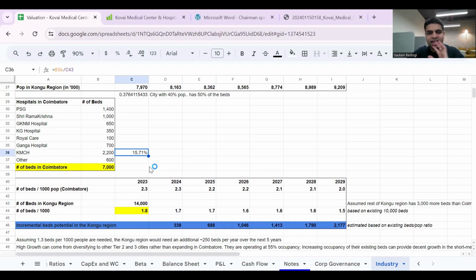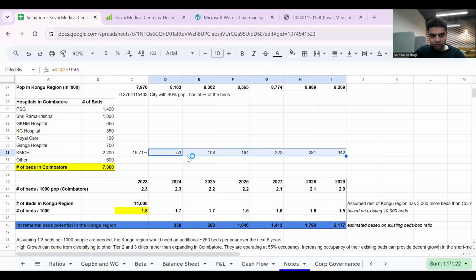Again, just take it with a pinch of salt. Let's say this percentage remains intact 5-6 years out. That is, Kuwait continues to have 15% market share in terms of the number of beds. So, we're talking about incremental beds.